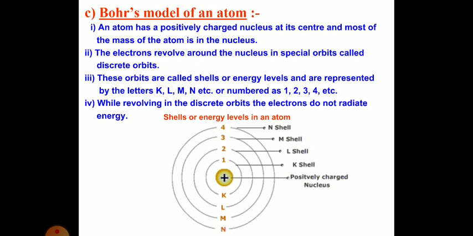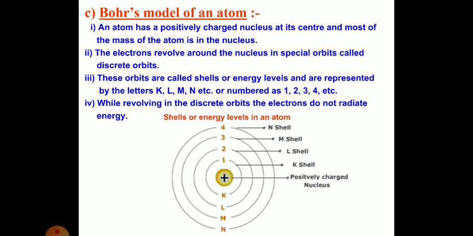Now after that, students, Bohr's model of an atom. He proposed that an atom has a positively charged nucleus at its center and most of the mass of the atom is in the nucleus. The electrons revolve around the nucleus in special orbits called discrete orbits, and in the figure you will notice the different shells.